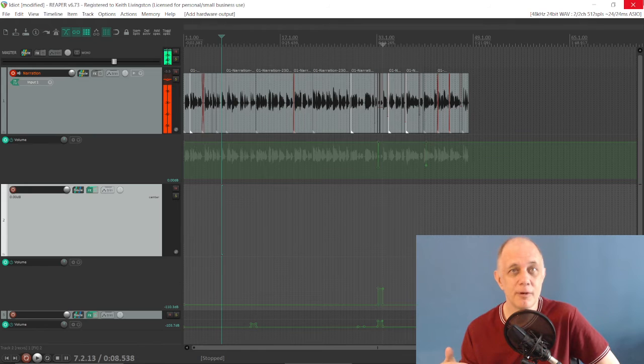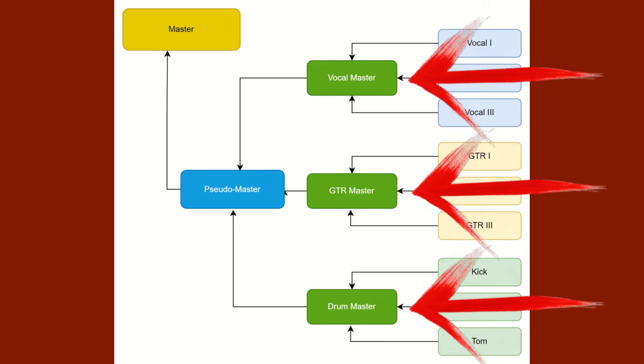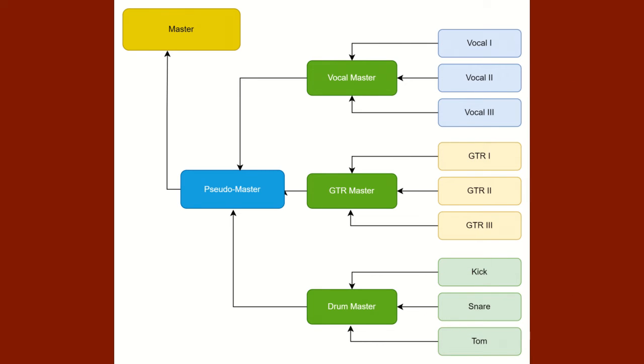I often compress individual instruments. So if I have a bunch of guitar tracks, I might compress each one or several of those guitar tracks. Those guitar tracks feed into a bus. I compress that bus a little bit. And there are buses for drums and vocals as well. Those get compressed as well. So that's 2 stages of compression. Then those buses sum at a master.